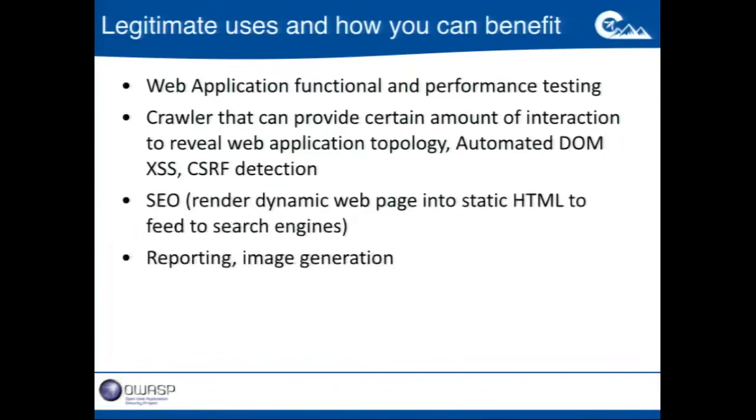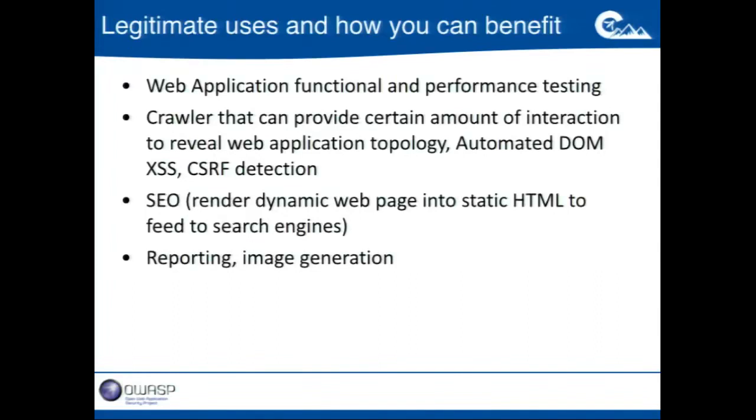It's also used for SEO, from before Google had the ability to run JavaScript in their crawler, because you can run PhantomJS and render the page into a static HTML file and feed it to the crawlers. It can also be used for reporting, image generation, website archiving, and a lot of different things. PhantomJS has at least 8 million downloads, so that's why we say it's quite popular. Yes, it's 7.9 million downloads so far.